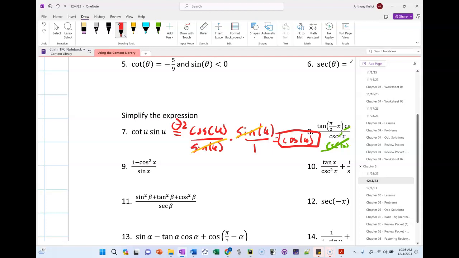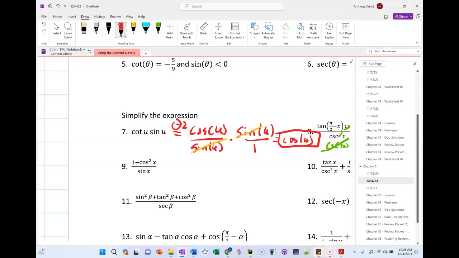So I'm looking for something, and there's no 1 minus cosine squared that I'm seeing. So I'm probably going to look for something with sine x. Well, there's an identity that involves a 1 and a cosine squared. Oh, right here. Sine squared plus cosine squared equals 1.